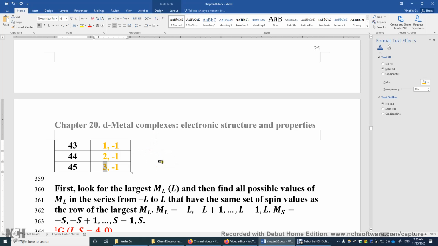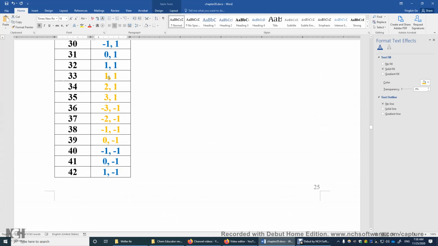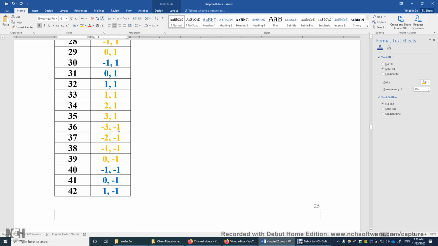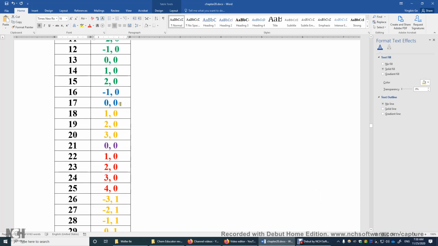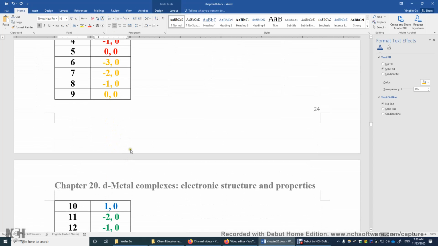So you just look for these 21 microstates. And I colored all these 21 microstates in yellow. So 21 of them, right? Okay, there are 21 of them. And again, you may ask negative 2, 0, negative 2, 0, which one is red, which one is green, which one is yellow.